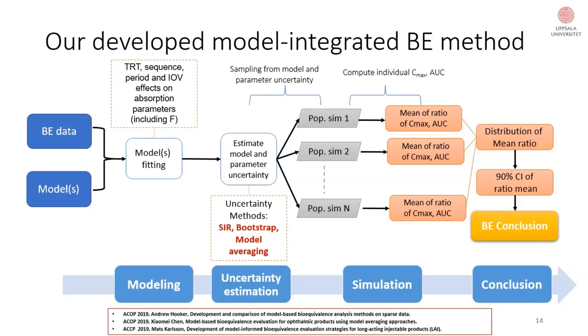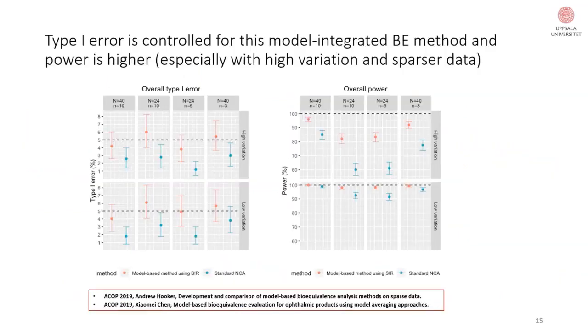That allows you to get a distribution of the mean ratios of AUC and Cmax, taking into account treatment effects as well as the uncertainty of those calculations, which allows you to then get a confidence interval, which you can then make a bioequivalence conclusion on. We've presented this in a number of different places. And this method tends to work.